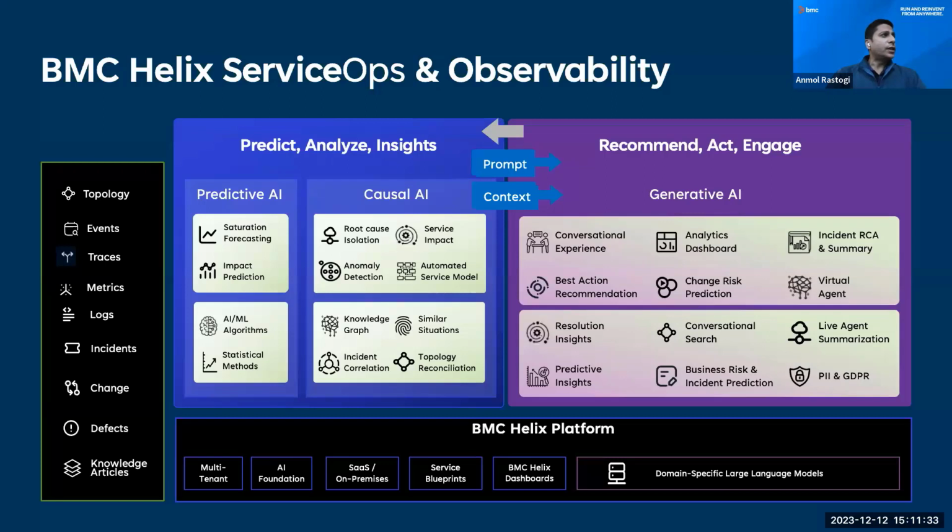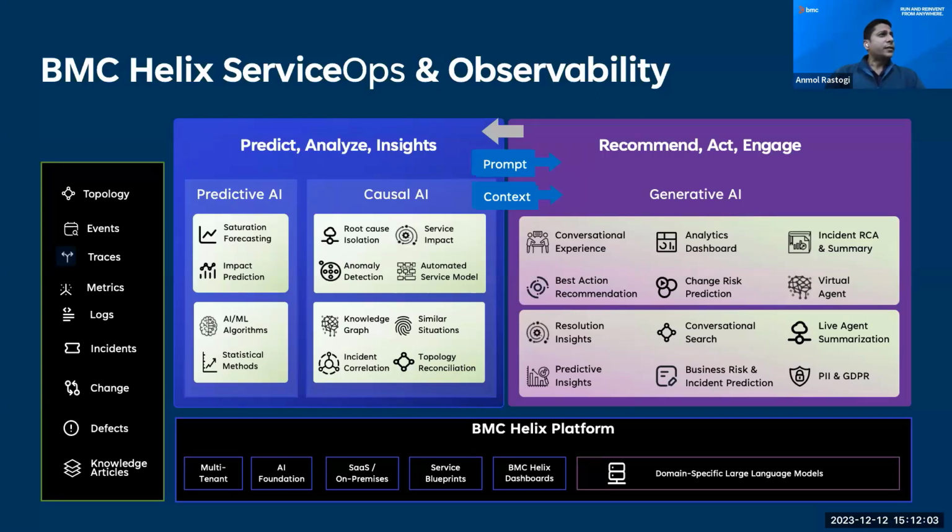On the left-hand side of this section, you see the data complexity: topologies, events, traces, metrics, logs, incidents, changes, defects, knowledge articles, all these things. But how we solve these problems for our customers is that we use artificial intelligence and machine learning algorithms to make sense out of the data.